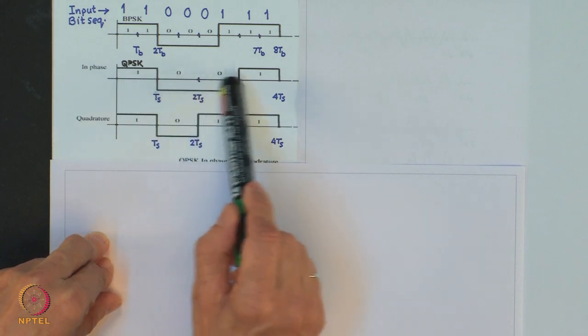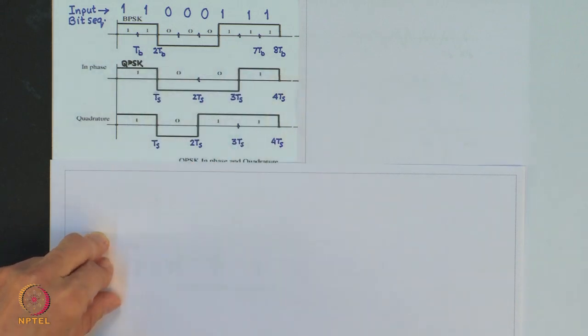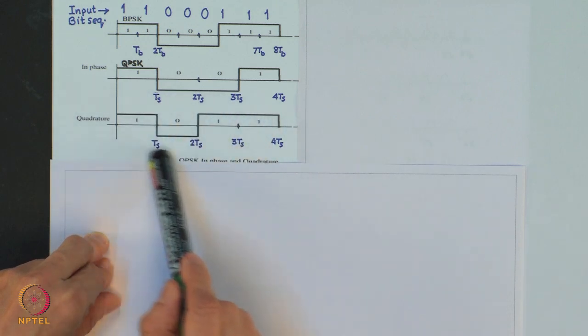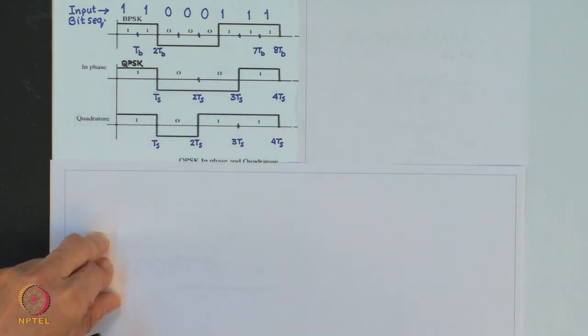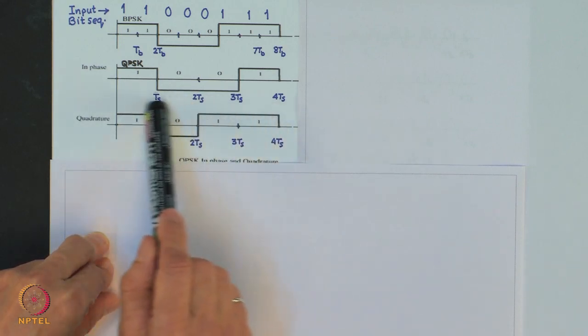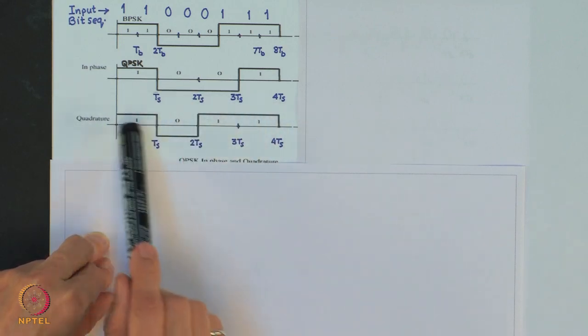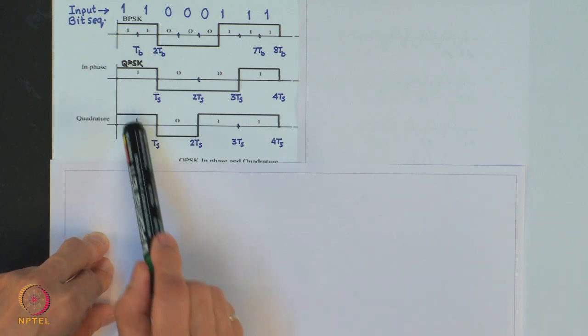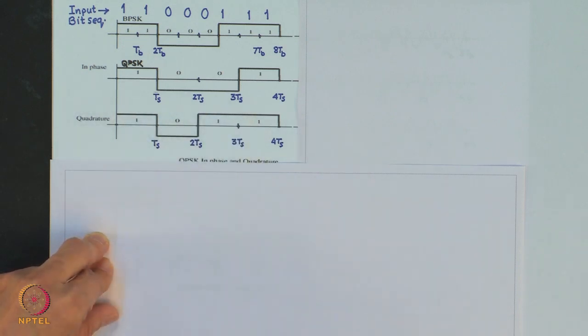Bits in this stream are known as I bits, and the odd stream modulates the carrier sin 2 pi FCT, and therefore this is also known as the quadrature stream or component of the QPSK signal. So, bits in this stream are known as Q bits.